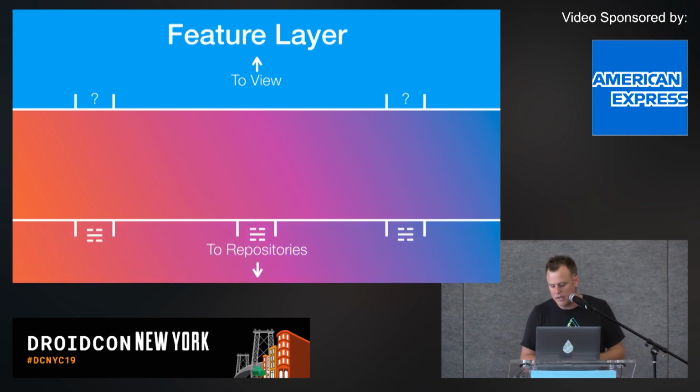You can use flow. And a side note, I couldn't find an emoji for flow, so this is some sort of stream emoji that I came up with. But yeah, so you can use that all the way through once you update. Big caveat, can't call suspending functions outside of Kotlin, so everything sort of needs to be Kotlin in order to use that, which brings us to the view.